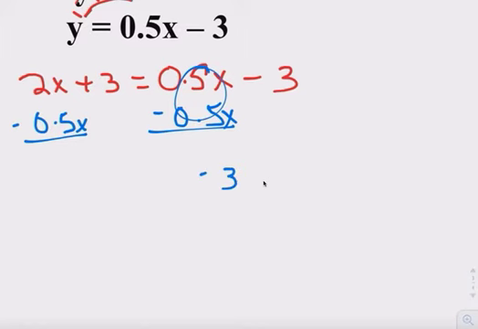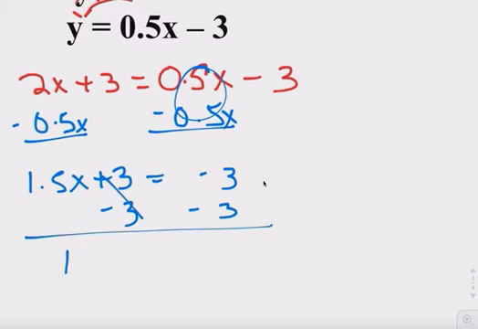That's negative 3 equals 1.5x. Okay, you can divide by negative 1.5.